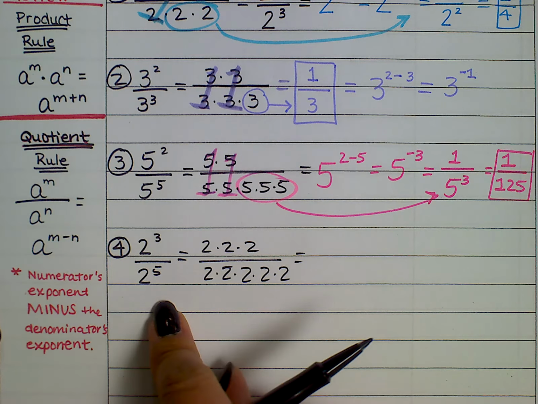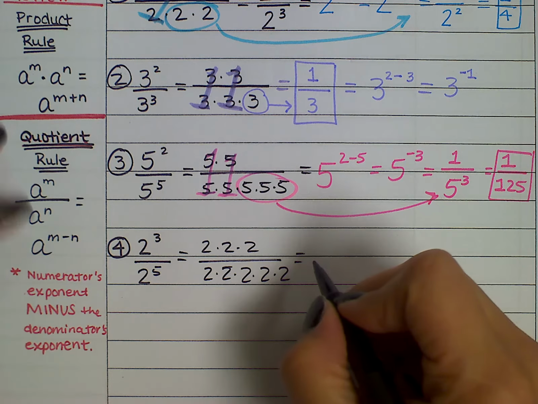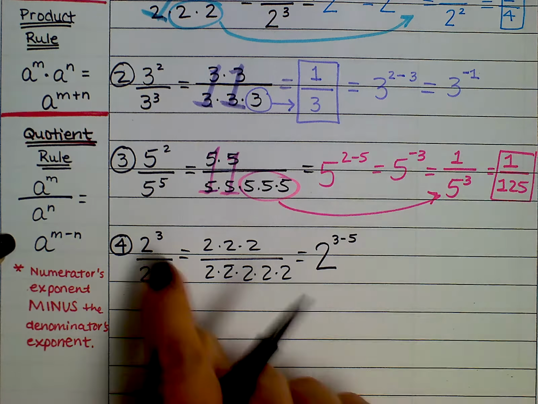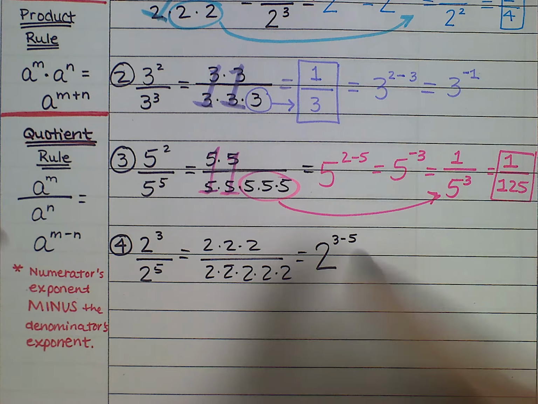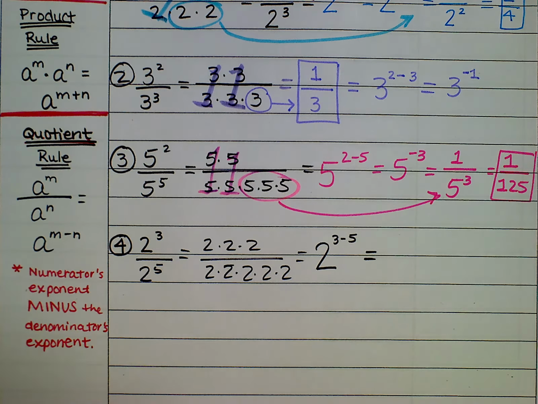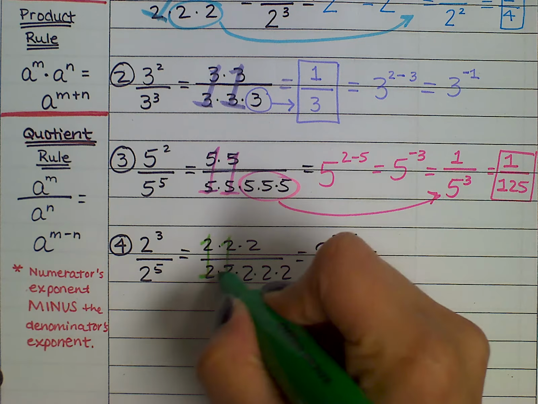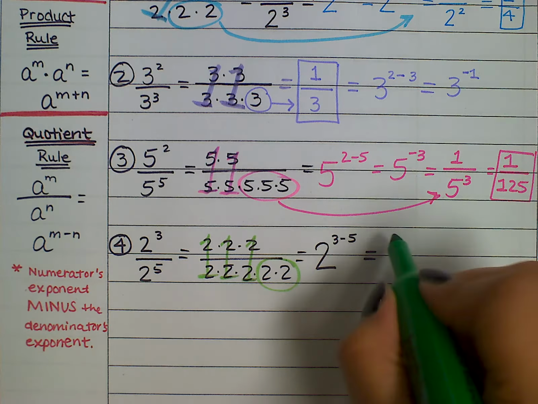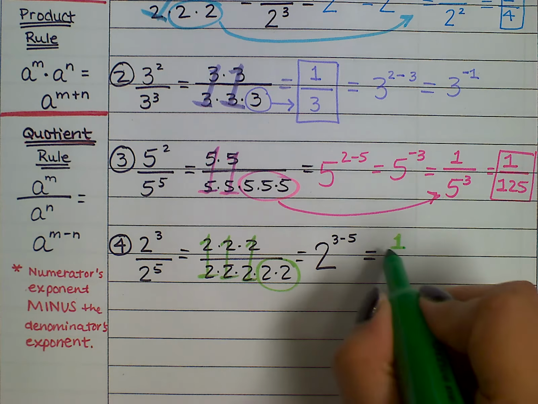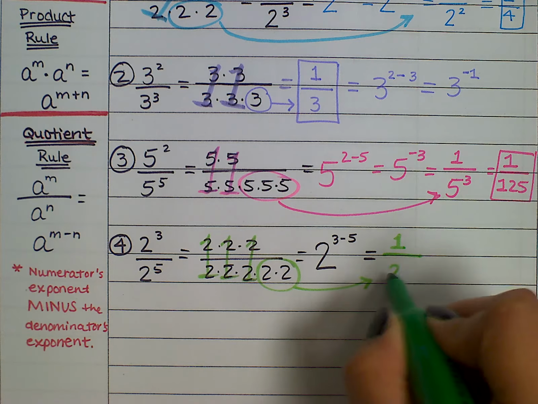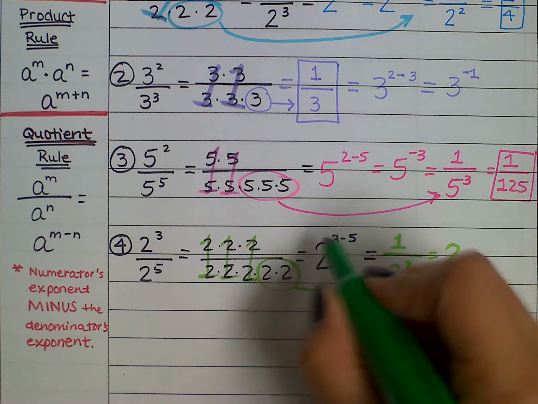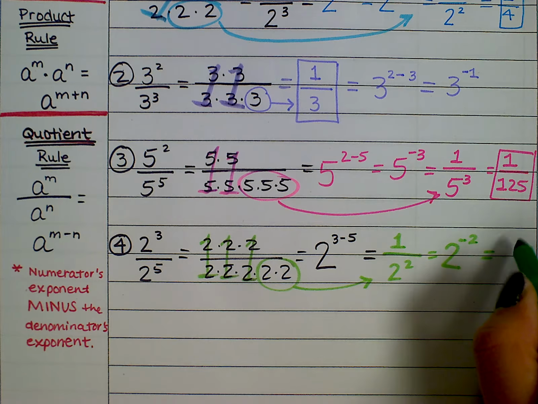Or I could simply have used my quotient rule, saying 2 to the 3rd minus 5 is equivalent to, well, I can definitely reduce a lot of these 2 over 2s into 1s, leaving me with just 2 squared. Now here I got 2 to the power of negative 2. Interesting.